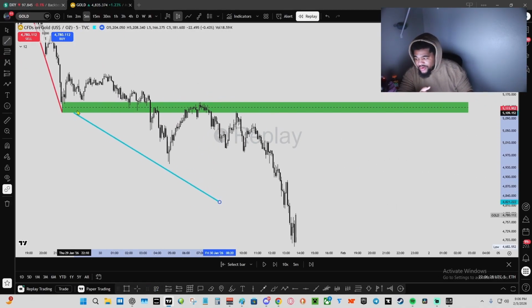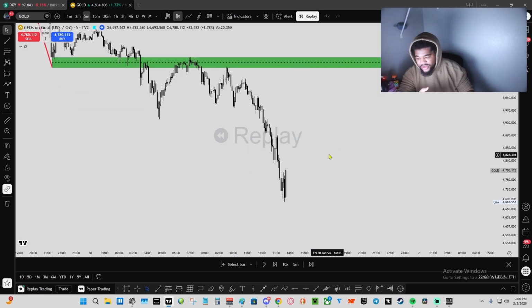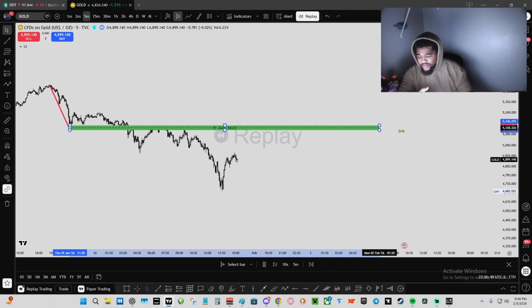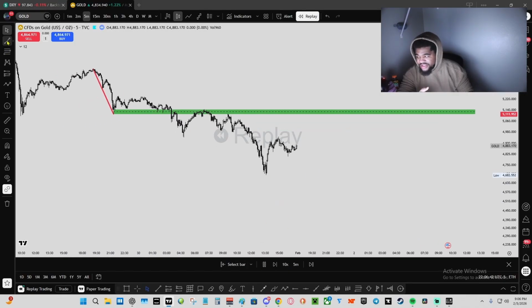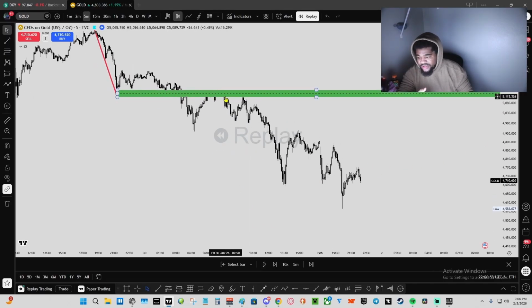So anything below this point should be villain territory until proven otherwise. And we can see that's exactly what happened here. The story continued to move downwards as long as we're underneath this area where buyers tried to take control. And we can keep doing this as the story continues to go down.